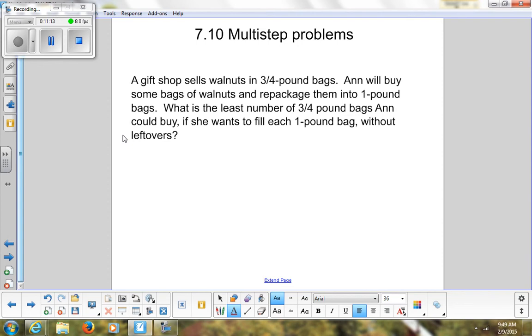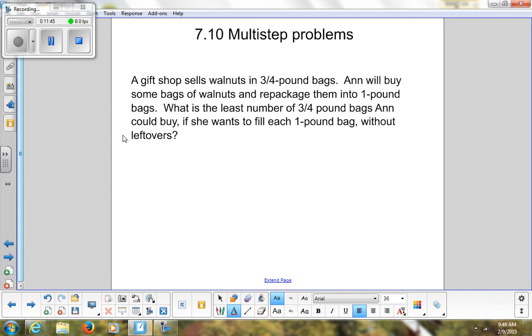So what do we need to find? Look at the problem.